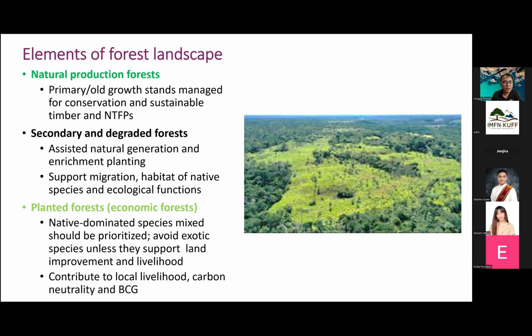However, the planted forest not only contributes to the increment of forest cover, but also has an economic contribution to local people, like job employment, carbon neutrality, or improving the environment.